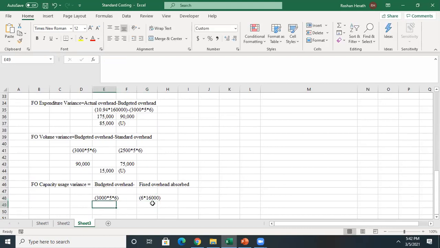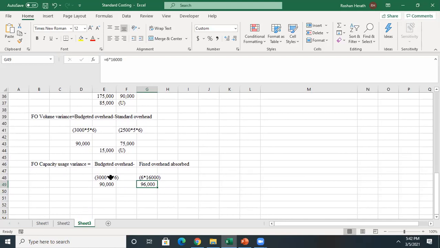So here it comes 3,000 into 5 into 6, 90,000. Here you can see 6 into 16,000, 96,000. So you can see that here you have budgeted for 15,000 hours.